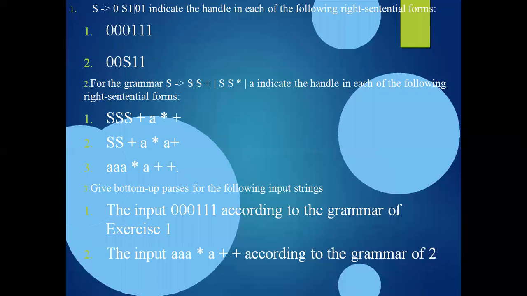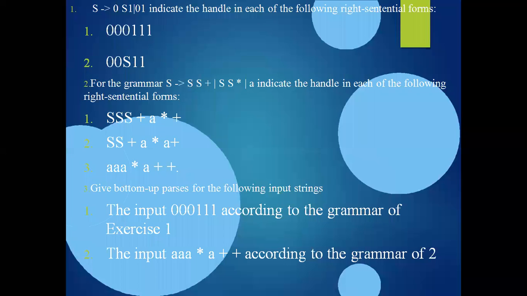The first two exercise problems come under handle pruning, and the last two come under the first concept, that is bottom up parsing. Directly you need to show the derivation, but in exercise 1 and exercise 2 you need to draw the table representations for each and every input string: which terminal you are handling and how you are reducing with the production, right?